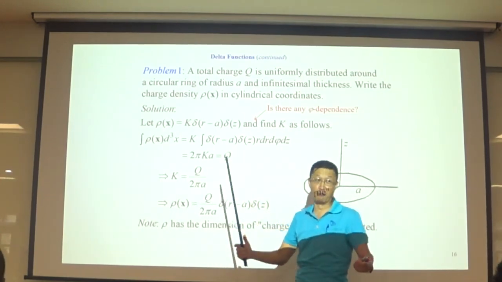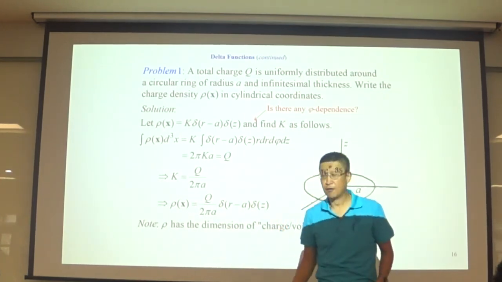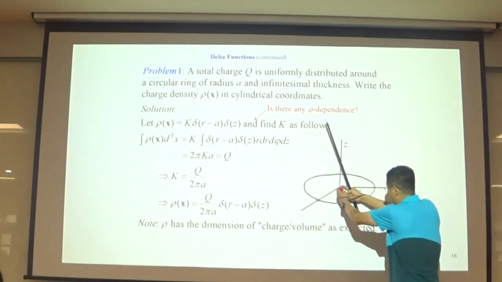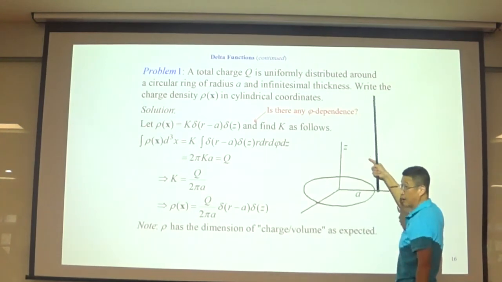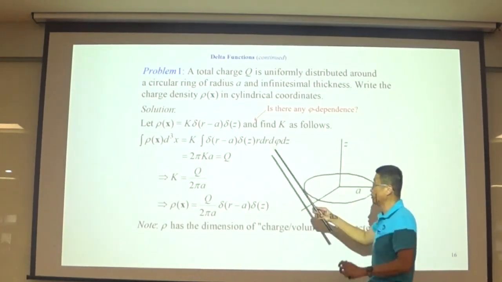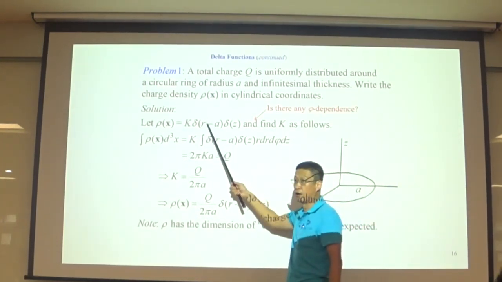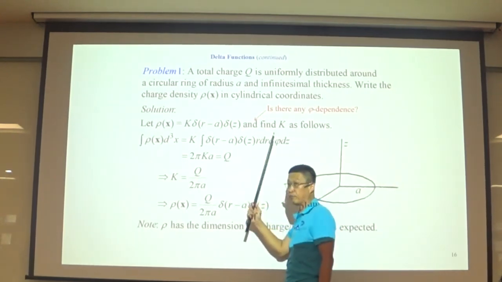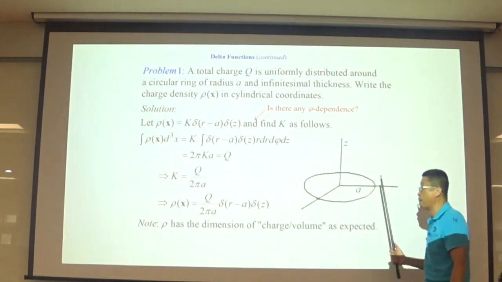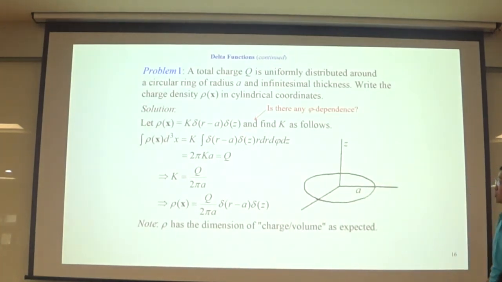The same symbol but different physical meaning. This rho means radius, separation from here to here. So here we will change to r. r minus a, delta z. This one is the same. What happened to phi dependence?